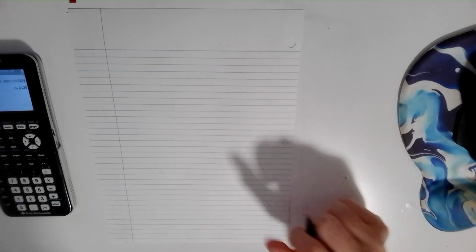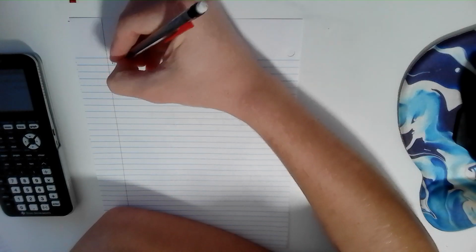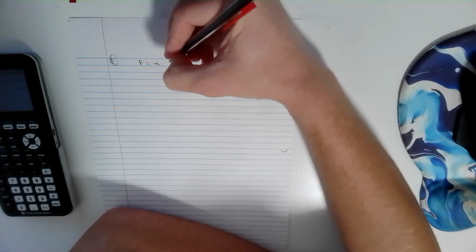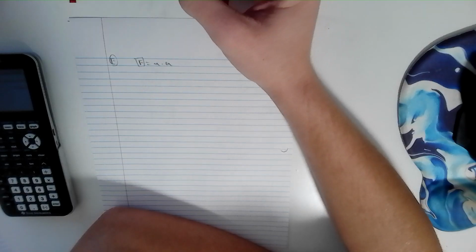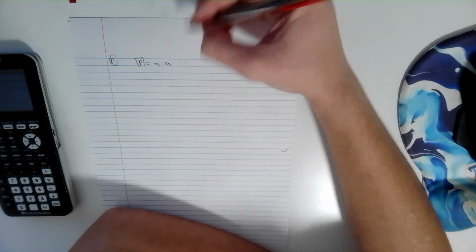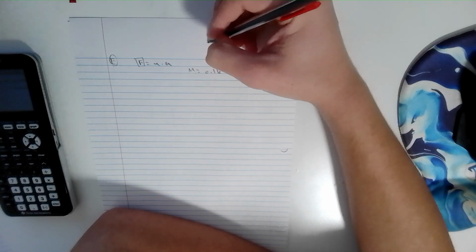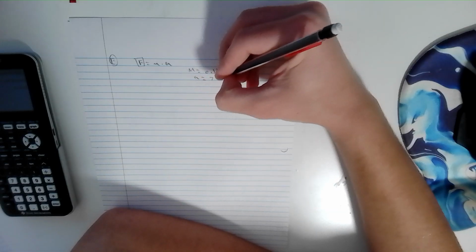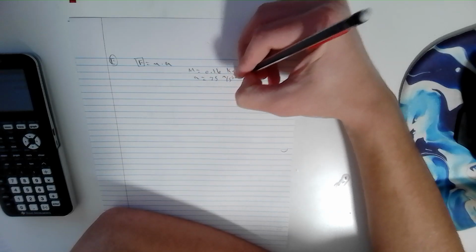All right, so this one is even easier. On part E, we're literally just going to use the formula force equals mass times acceleration, and we're just solving for force. The mass of the hockey puck equals 0.16 kilograms, and the acceleration it gave us is 75 meters per second squared.